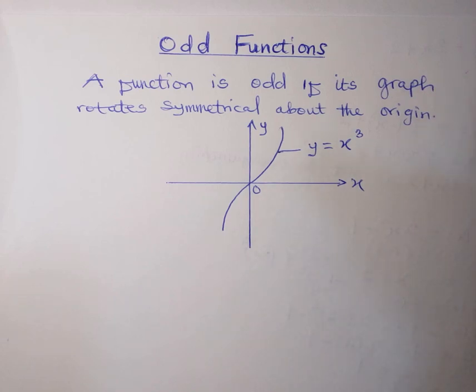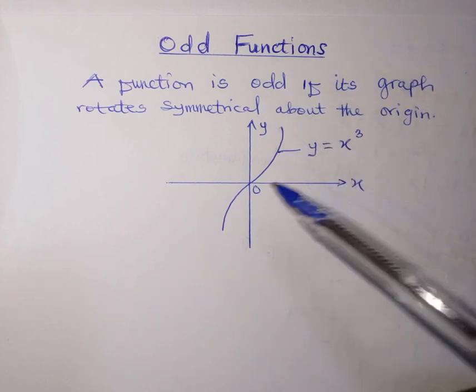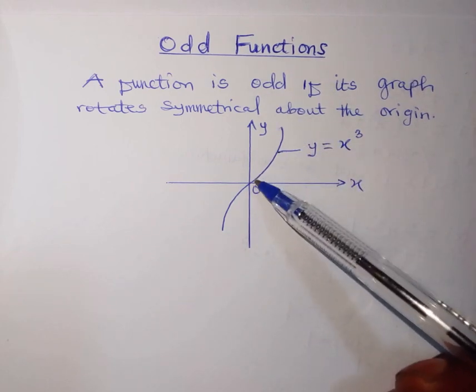We said that if you fold it along the y-axis, it divides into two equal parts, and each part can fit onto the other part. The same thing applies here, but this time about the origin.